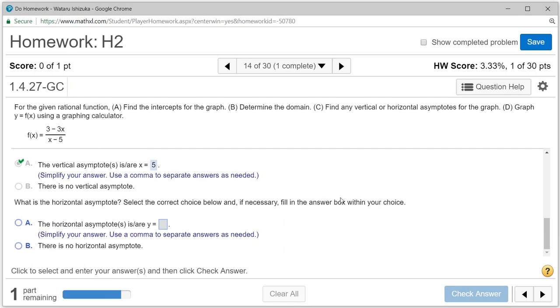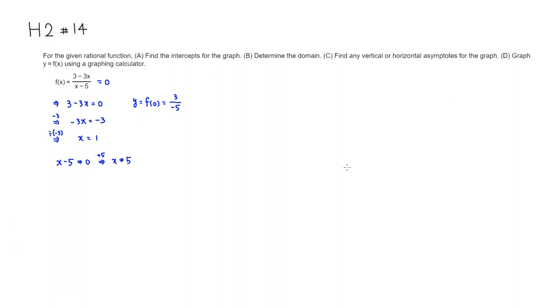All right, and what is the horizontal asymptote? Let's look at that. The degree on top is 1, which is the highest power, and the degree on the bottom is 1, so we have the same degree. So the horizontal asymptote can be found by saying y equals the leading coefficient on top over the leading coefficient on the bottom. The leading coefficient on top is negative 3, so I'm going to put the negative 3 on top.